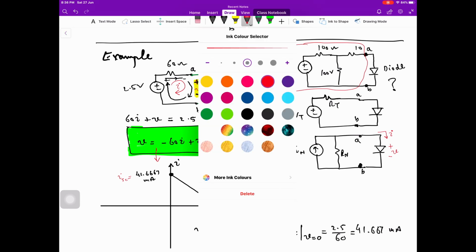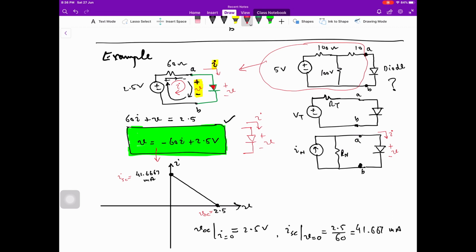I hope that you may have heard about a PN junction diode in your college physics. In the PN junction diode, the VI relationship is usually like this, and on the other side it is like this.